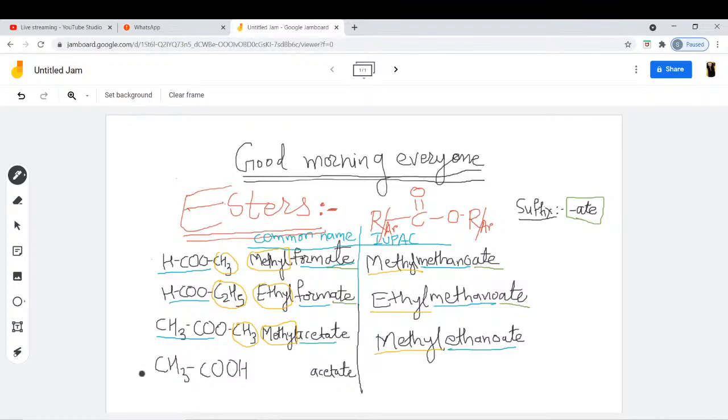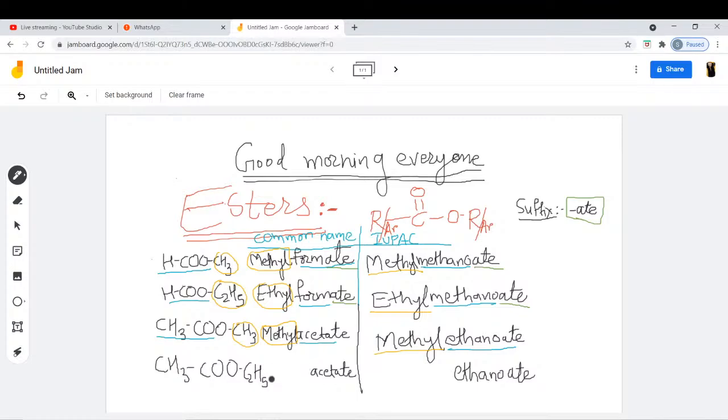In IUPAC nomenclature, it is a two carbon acid, ethane, so ethanoic acid, and we call it ethanoate. Here I am going to replace the hydrogen atom and attach another alkyl group, ethyl, C2H5. So tell me its name.